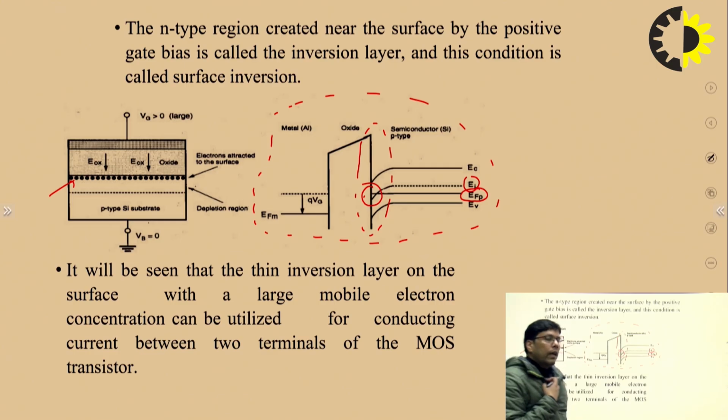This layer is also known as the channel between source and drain, and with the help of this channel the charge carriers can flow from source to drain, and conduction can be created in the MOS structure.